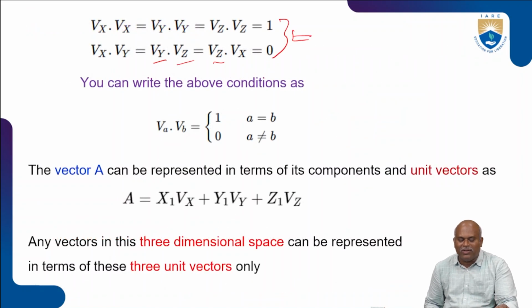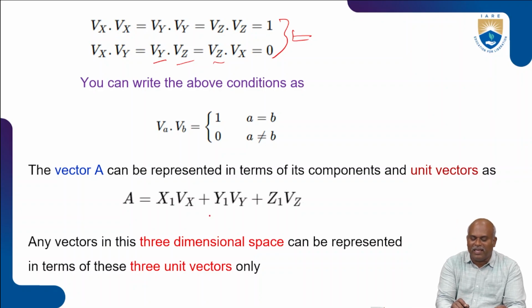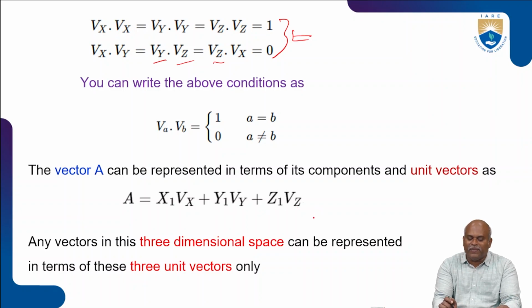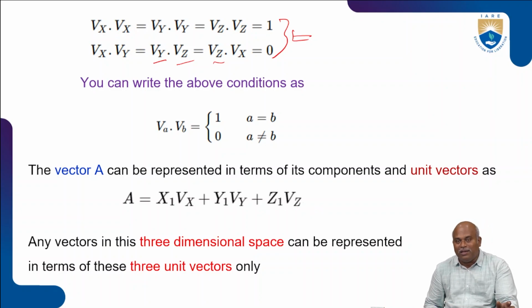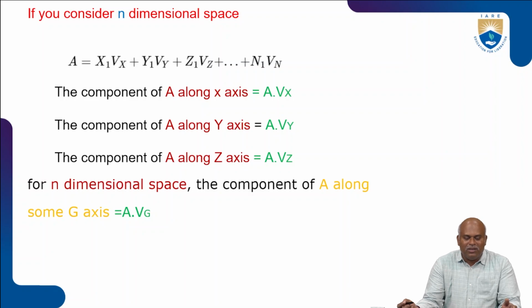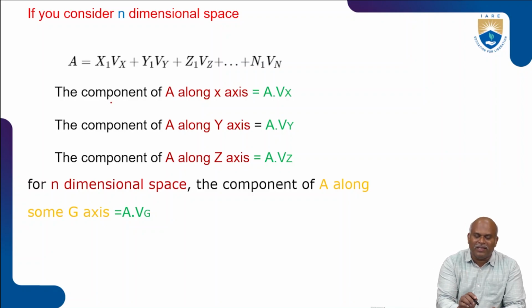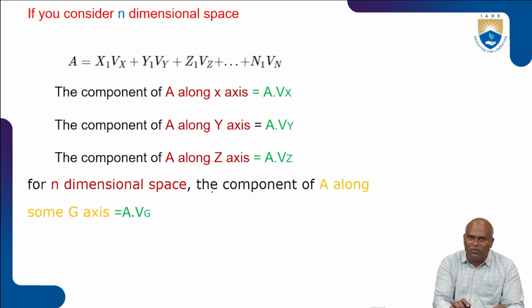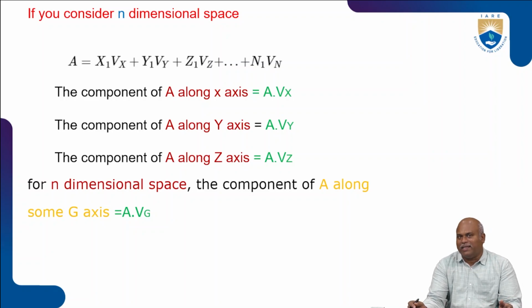We represent the point as x1 Vx plus y1 Vy plus z1 Vz. Then for an n-dimensional case, A equals x1 Vx plus y1 Vy plus z1 Vz and so on, up to however many n there are.